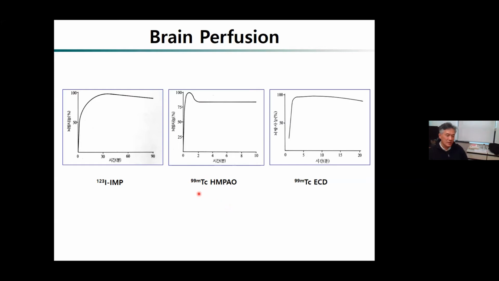The uptake mechanism is slightly different, but the function of these different radiopharmaceuticals is almost the same. So we selected technetium HMPAO because of the convenience of technetium labeling.